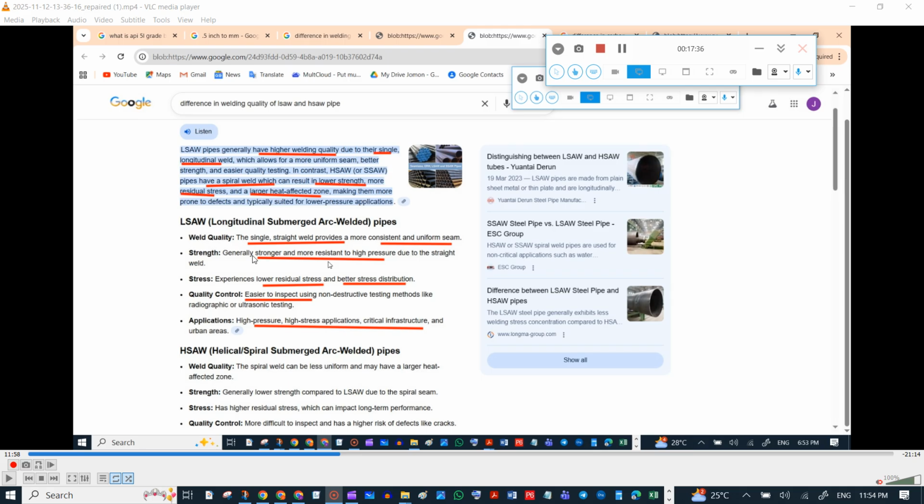So the longitudinal weld is a single straight weld, and the strength is stronger and more resistant to high pressure. It experiences lower residual stresses, better stress distribution, and quality control is easier using non-destructive testing. The application is high pressure, high stress applications, critical infrastructure, etc.